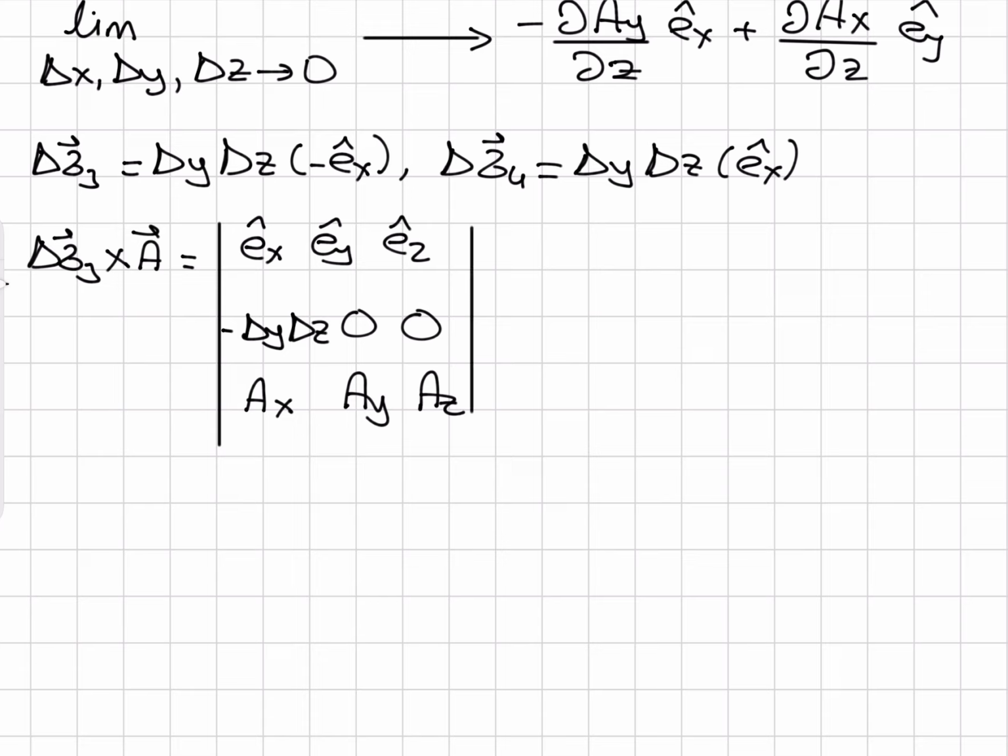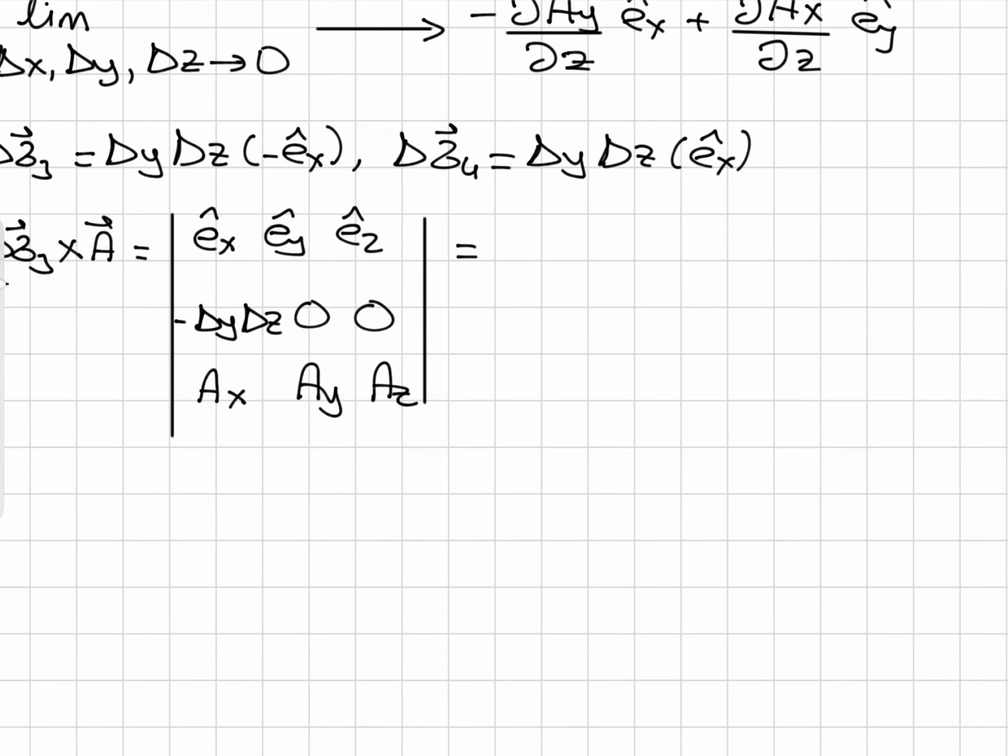So this gives me, for ex hat, 0 times az minus 0 times ay, so nothing. For ey hat, I obtain az delta y delta z. So this is az, on surface 3, evaluated at xyz, delta y delta z in ey hat direction, plus minus plus.